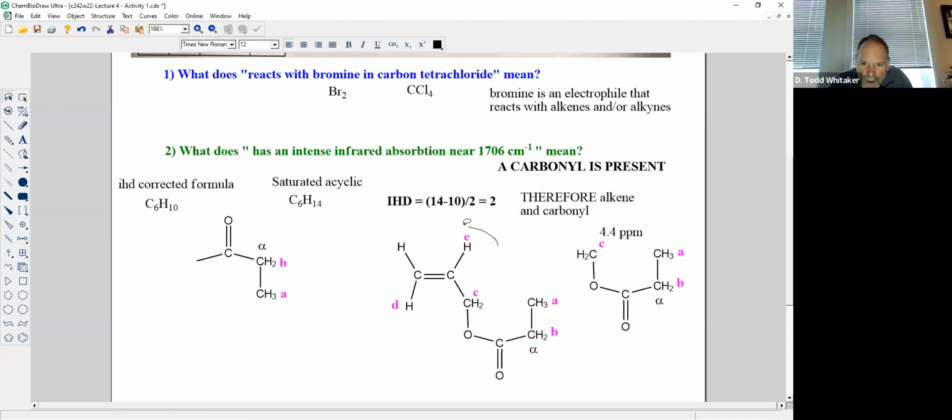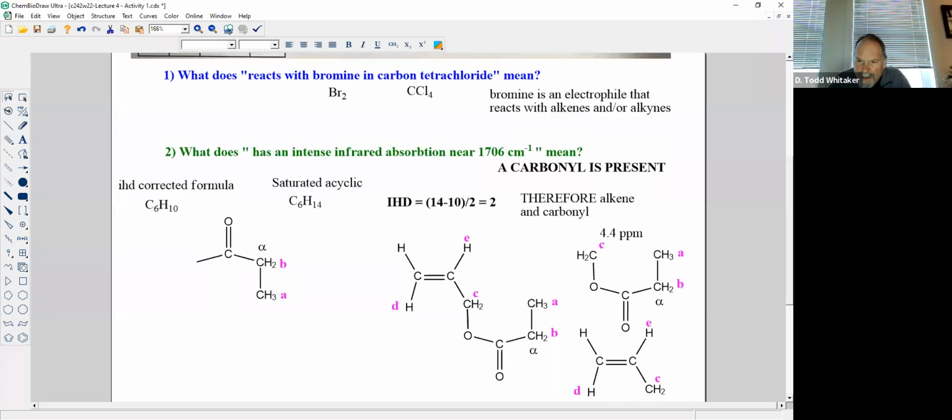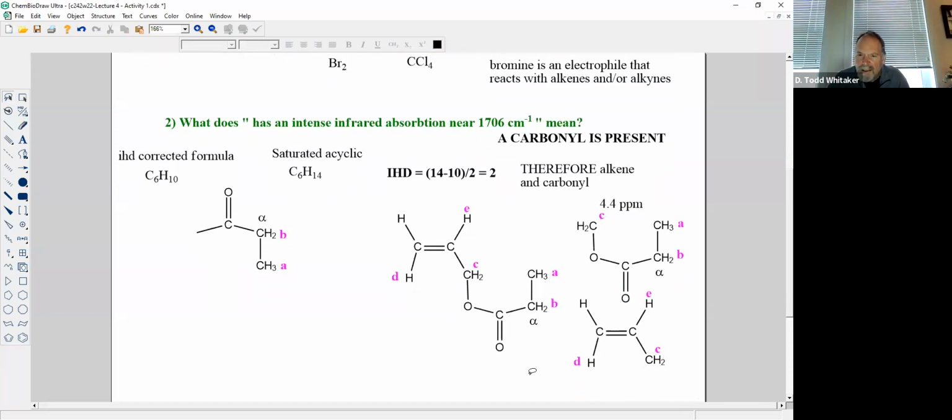Now, what would be a good number for this C? If this was the only thing going on for C, what would be a good thing for that C? Well, it's straight up allylic. I believe the range is 1.6 to 2.6. I'm going to the chat right now to see if you have a correction for me.